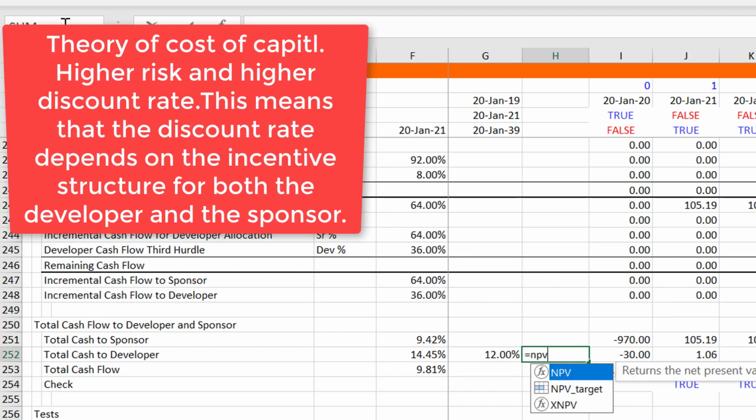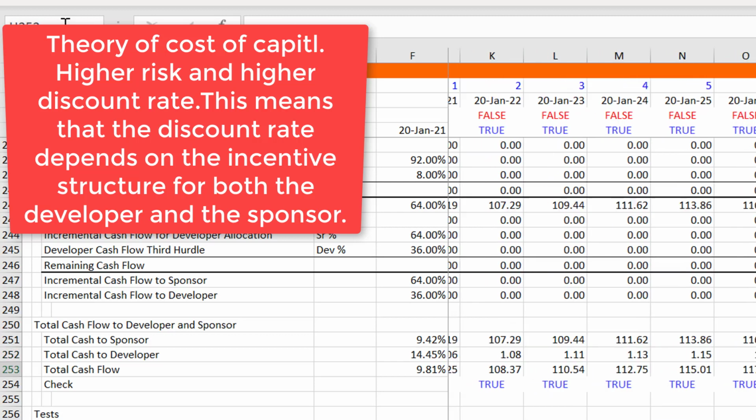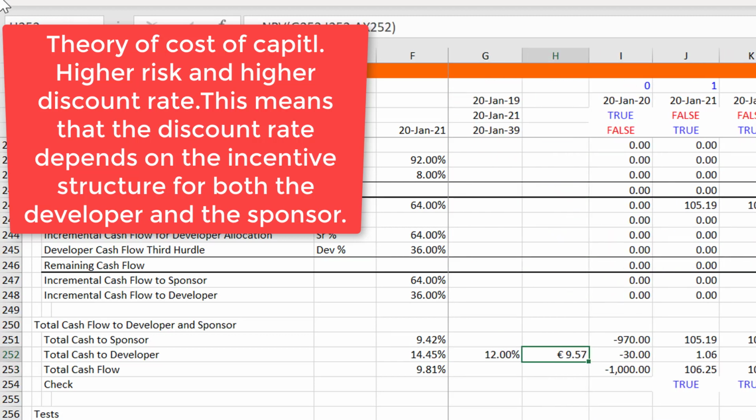And then we can put an NPV and take that number and get up here, this is the developer NPV. And the biggest thing I do is forget what this is. Developer IRR, developer NPV. Those are going to be the outputs and the sponsor.